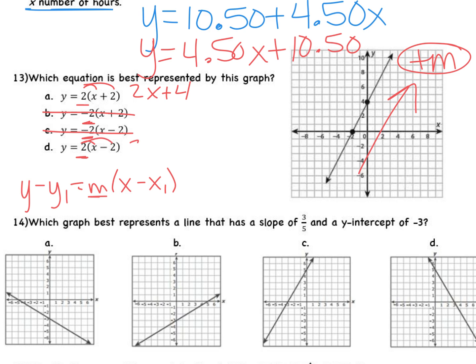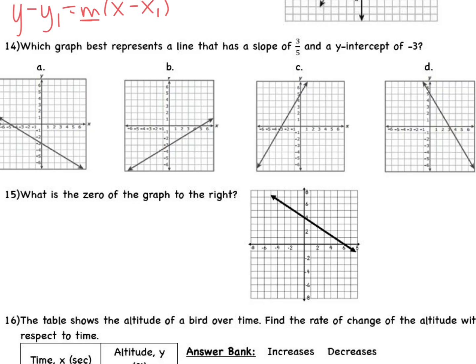This is going to be 2x minus 4. So which one is it? What's our B here? Positive 4. So you can do that, or your second option is once you eliminate those, you can graph these two in Desmos. Just type it in exactly like it says because they are y equals, and see which picture matches. Make sure you read carefully on this one.